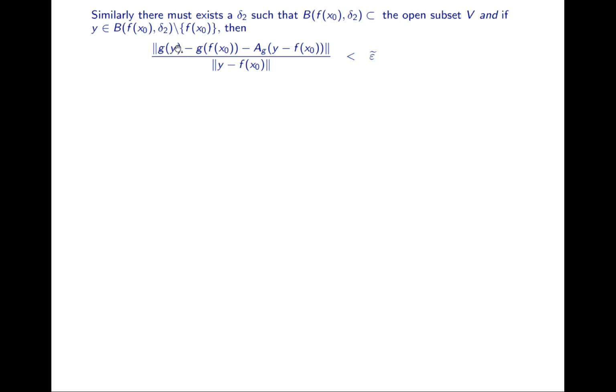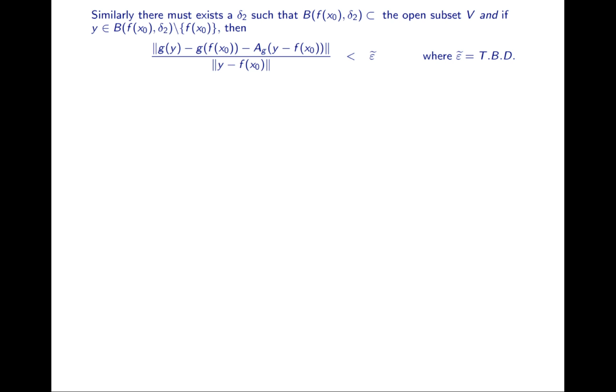You notice the subtlety of this y here because any y that's within a delta 2 radius of f of x naught, any y that's close enough but not equal to f of x naught, then my derivative rule is arbitrarily small. Now, what's epsilon tilde, you ask? Well, I'm glad you asked.